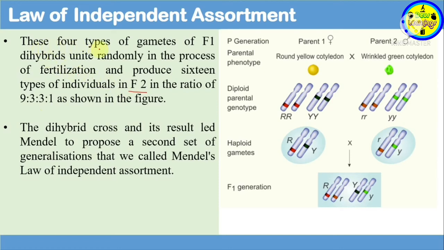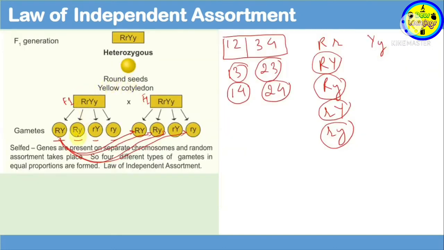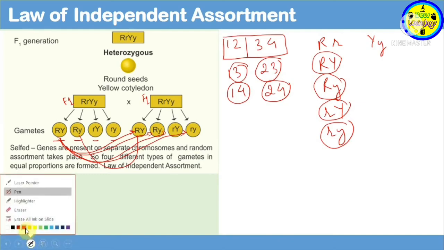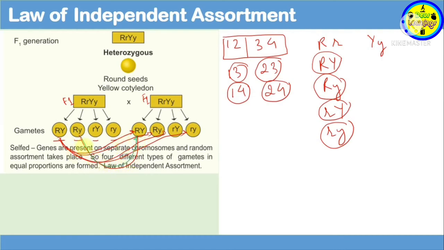These 4 types of gametes of the F1 dihybrid unite randomly, as I told you. So anyone can combine with anyone. You can think about that. This one can go with this, or this one with this.